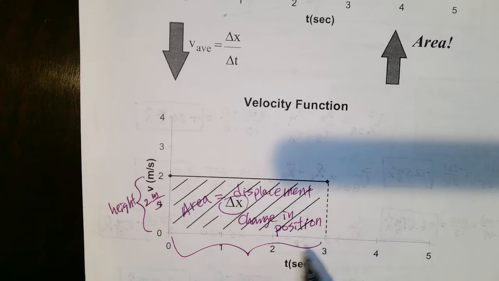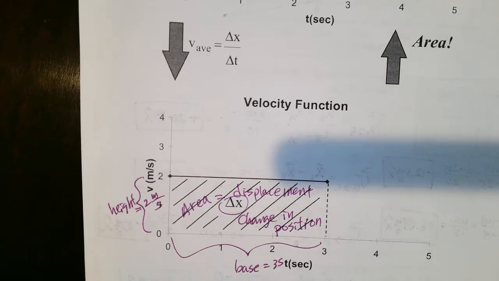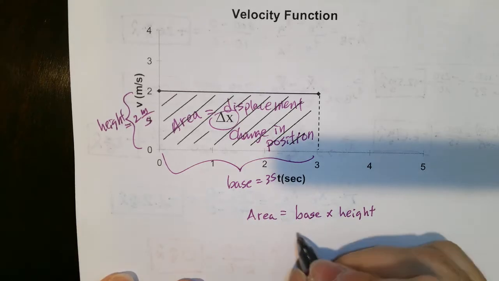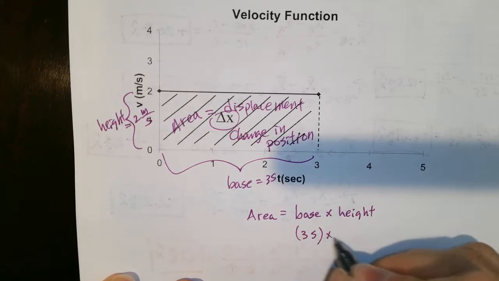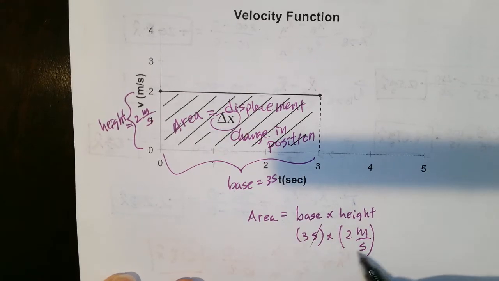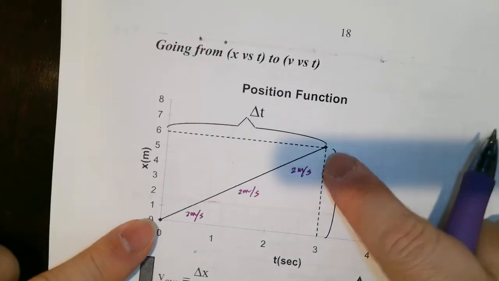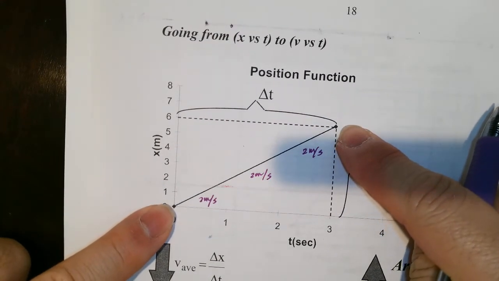And here's the base, which is 3 seconds. So area is equal to base times height. Base is 3 seconds times height of 2 meters per second. Look, seconds cancel out, giving me 6 meters. And that's exactly how much it changed, from 0 to 6 meters in 3 seconds.